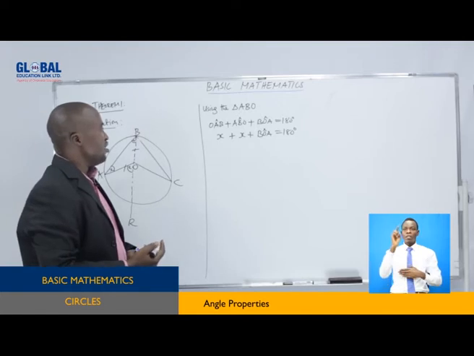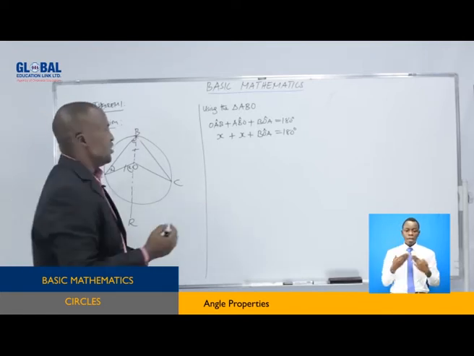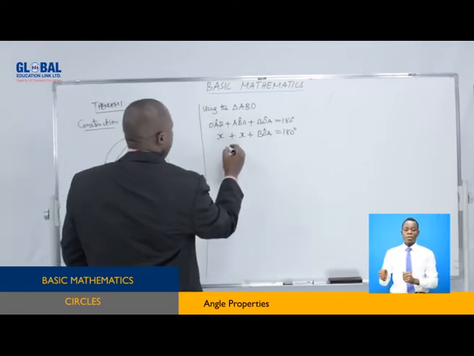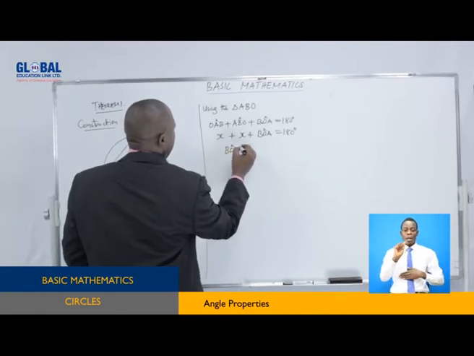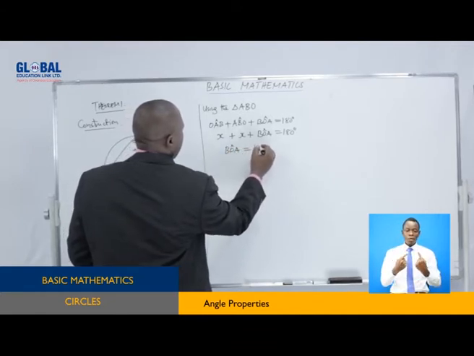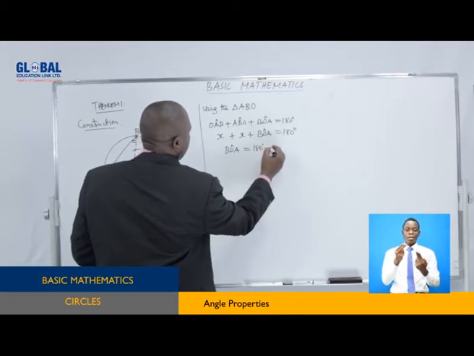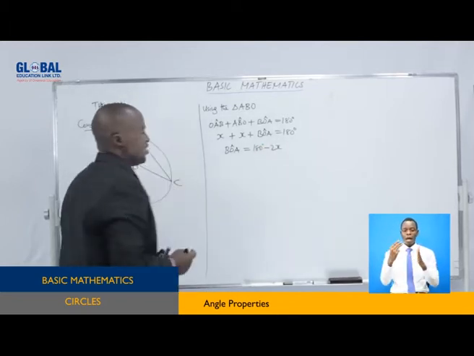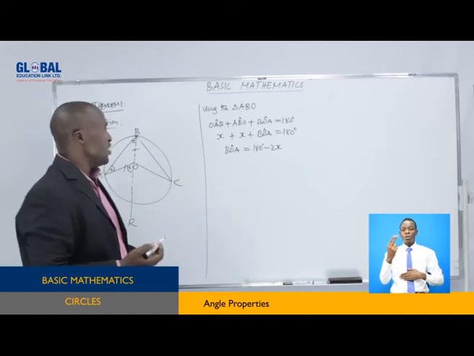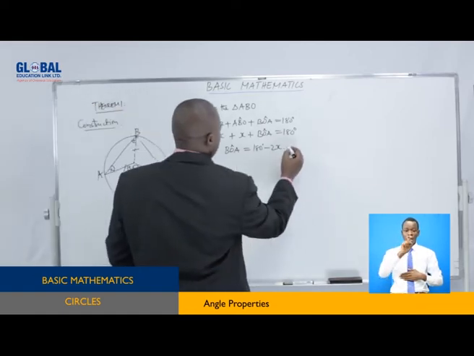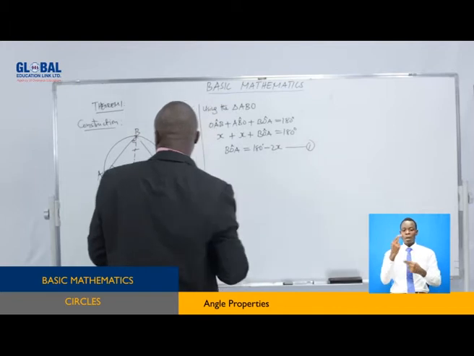Now let us make angle BOA the subject. That is BOA is equal to 180 degrees minus 2x. That is, x plus x is equal to 2x. Now this is equation 1.